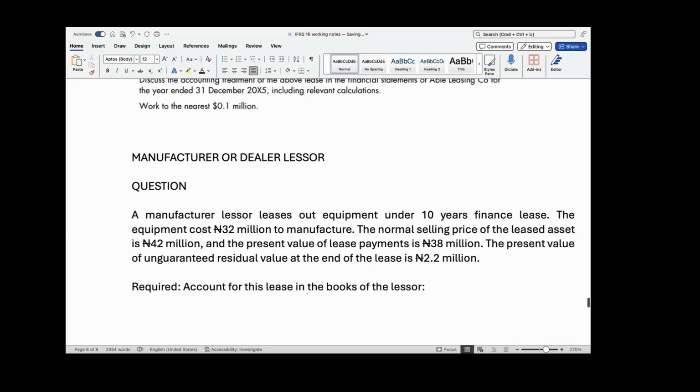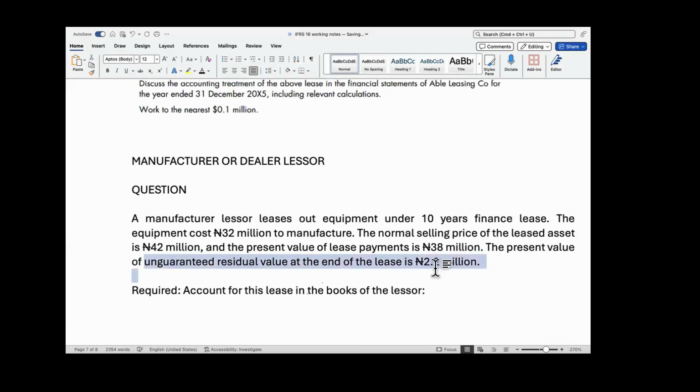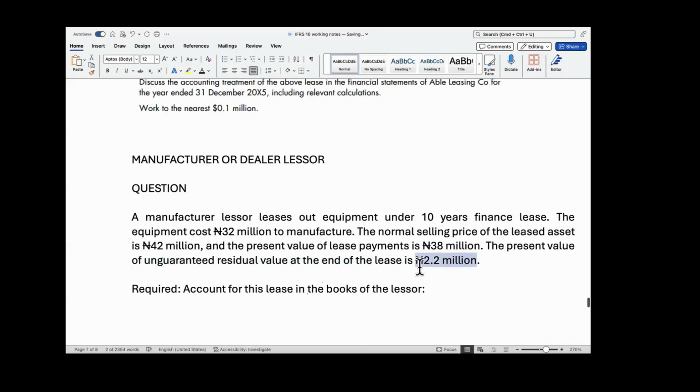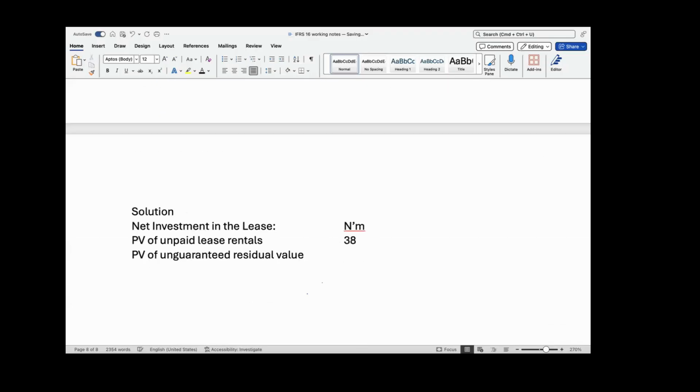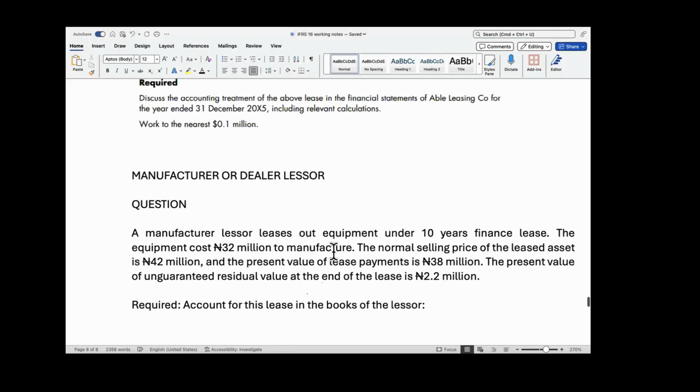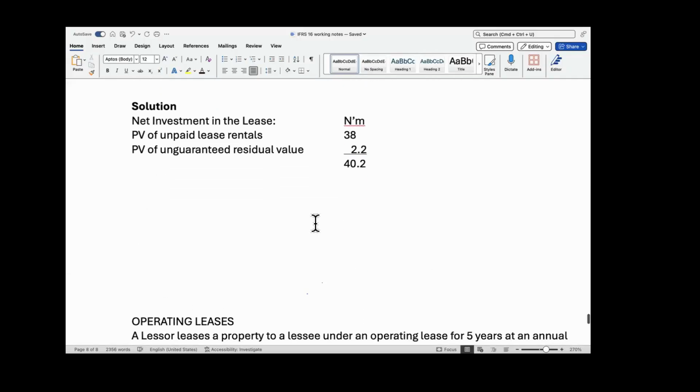What's the present value of unguaranteed residual value? That's 2.2 million. So we'll have a total of 40.2 million. They didn't give us any discount rate, so we cannot do interest and all of that. And they didn't even give us the lease rental. So we'll just stop here for that. This is the net investment in the lease.